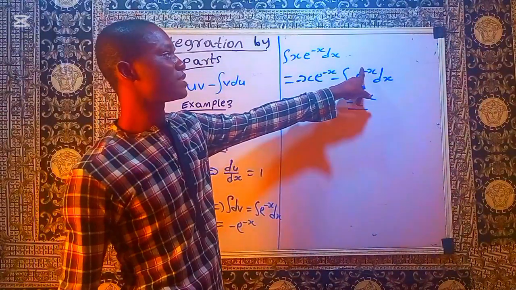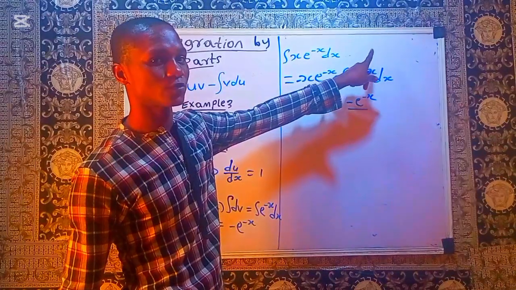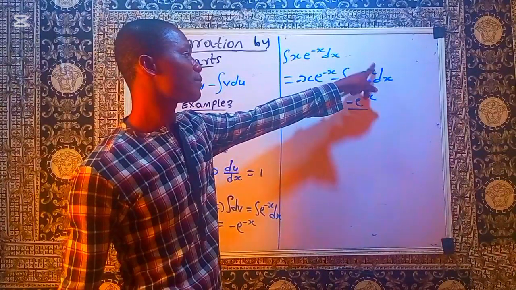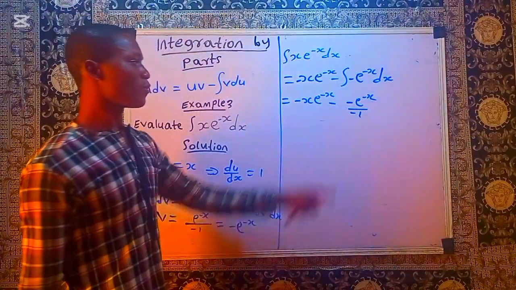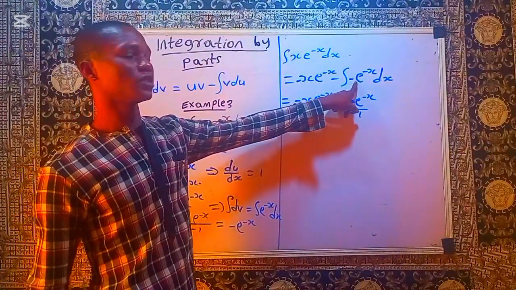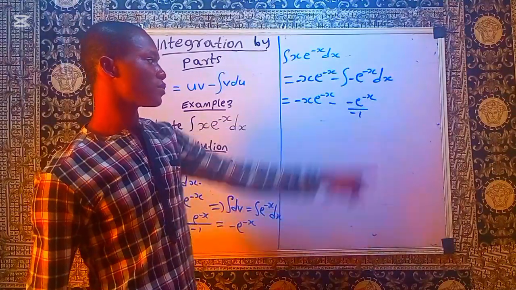If I differentiate minus x with respect to x, I'm going to get minus 1. So I'll bring minus 1 down here, and what is up will be the exponential function you are integrating, minus exponential minus x.